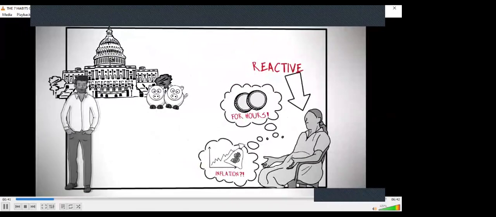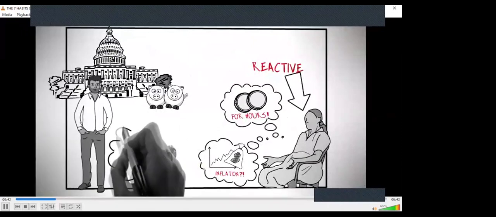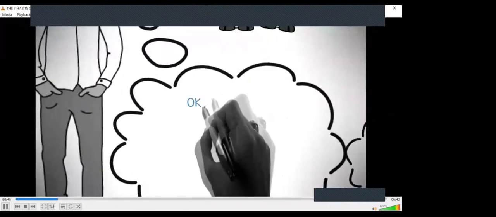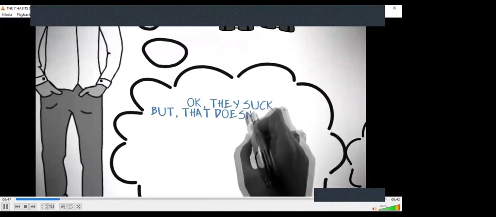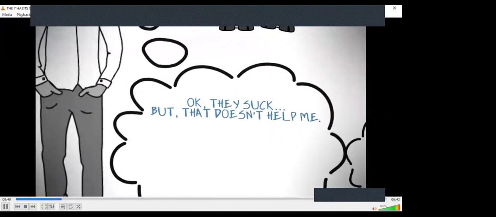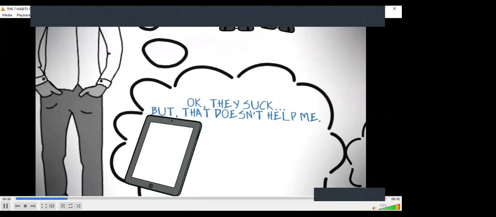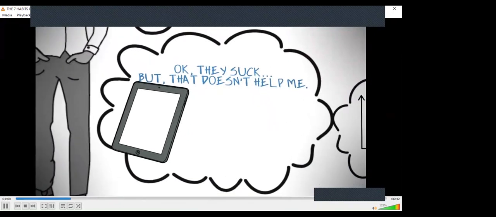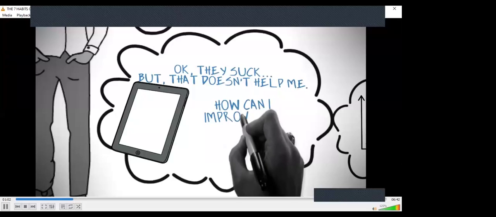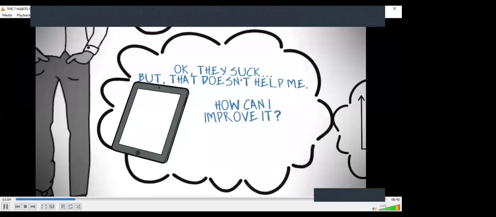On the other hand, proactive people realize, look, even if my complaining were completely objective, it doesn't help me. So I'm going to focus on what I can control. If a proactive person owns a business where he sells a product, instead of focusing on how people these days don't appreciate good products anymore and how the government has horrible regulations, he focuses on how he can improve his product so his customers can't live without it.